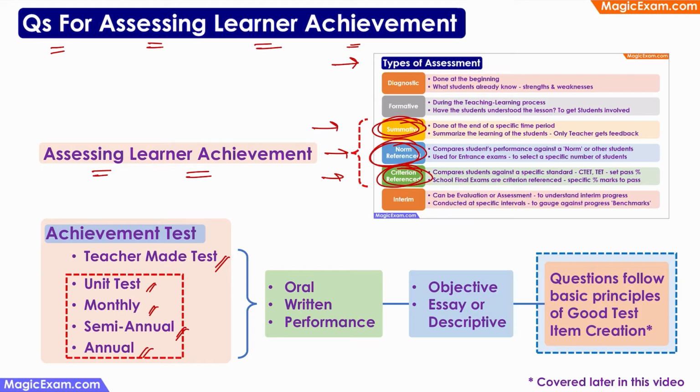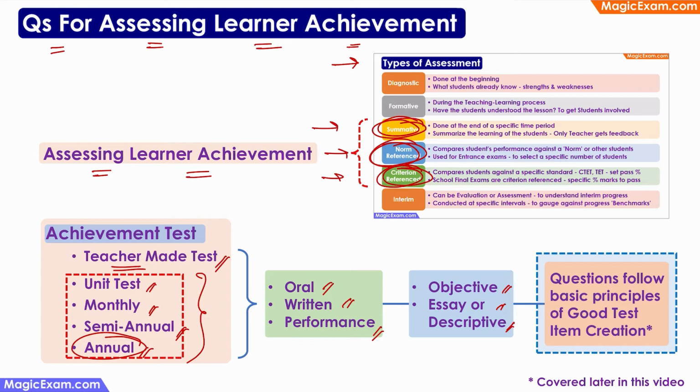For example, the annual exam might be a board exam, which means that all the children in all the schools of that state in that particular grade will take the same question paper. So achievement tests can be ad hoc or teacher made, or they can be standardized. And these achievement tests can be oral tests, written tests or performance tests. And these tests can be objective type or essay type or descriptive type.